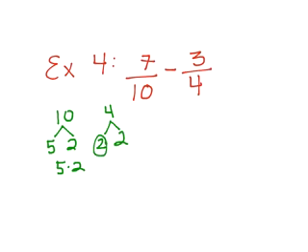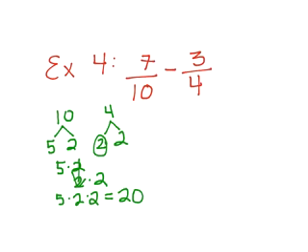The 2 is repeated, so I write 2, and then this other 2 will go over here. So the prime factorization of this would be 5 times 2 times 2. So this would be 20. So the least common multiple of 10 and 4 is 20.